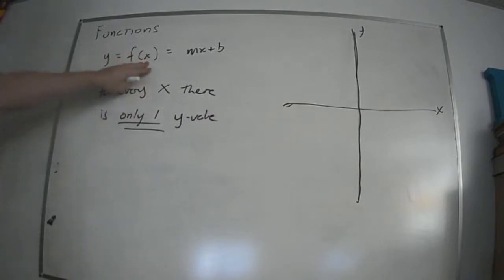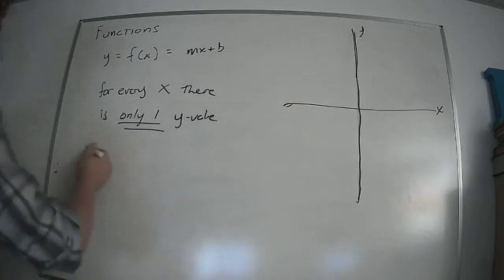So whatever value of x you have, you can put into a function, it will give you one specific value of y. And all of these values of x are called the domain.